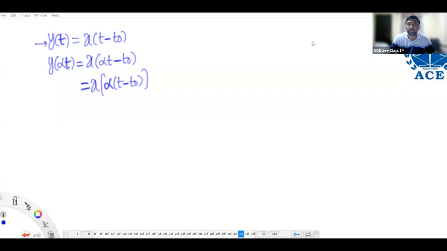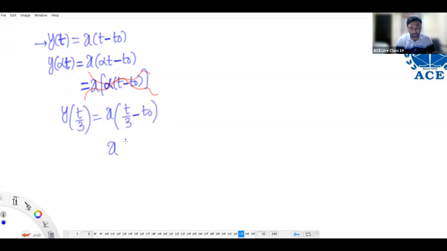Shifted signal is scaled. Exactly, t place alpha t, not for the entire term. Exactly t place alpha t is correct. If I ask you y of t by 3, you should take the answer as t by 3 minus t naught. Don't write t minus t naught by 3. That is wrong.